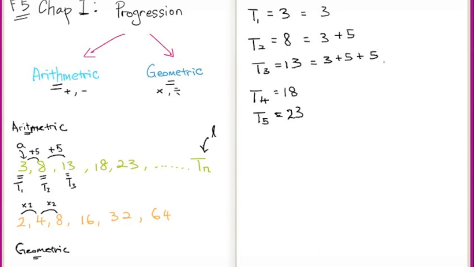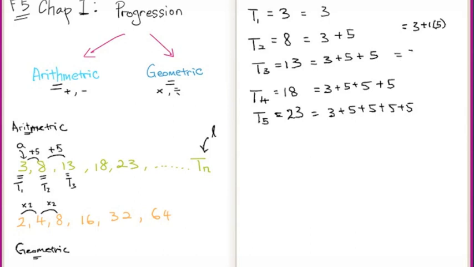This is the common difference. And this one will be copied here: 3 plus 5 plus 5 plus 5. And here there's a pattern. Maybe here I will write 3 plus 1 times 5.